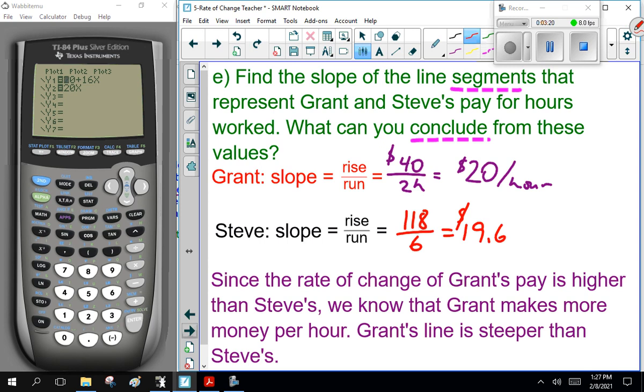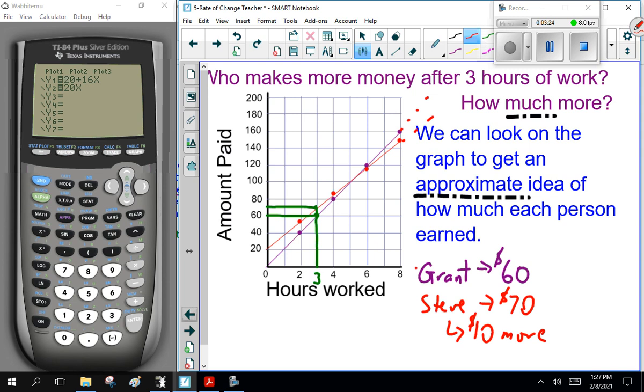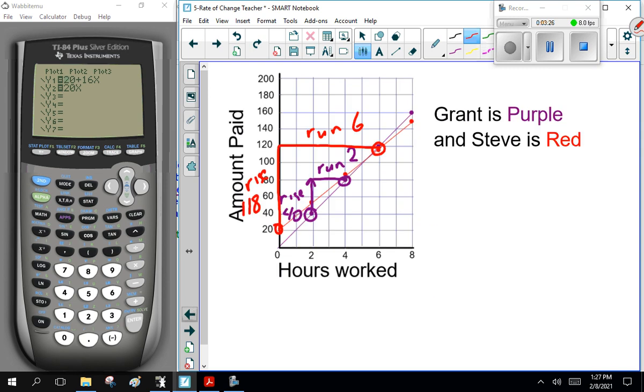Wait a minute, I did make a boo-boo there, didn't I? I can hear you yelling at me, as you should. I estimated this number is about 118, and we started at 20, so the rise is 98, not 118. Oh, Mr. Sutton, you are getting old.